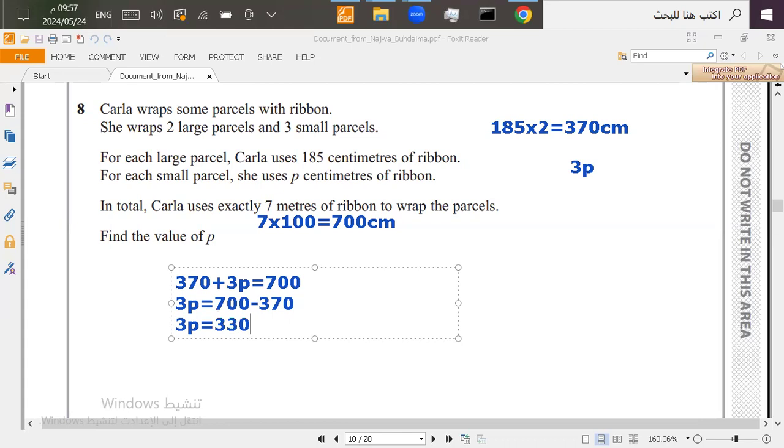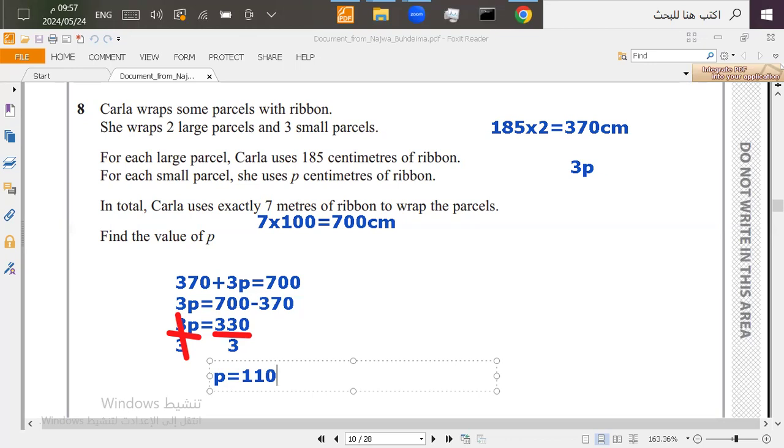Now, by dividing by 3 on both sides, or taking 3 to the other side by dividing, same idea, p will equal 330 divided by 3, which is 110.